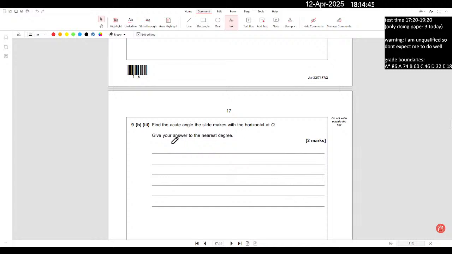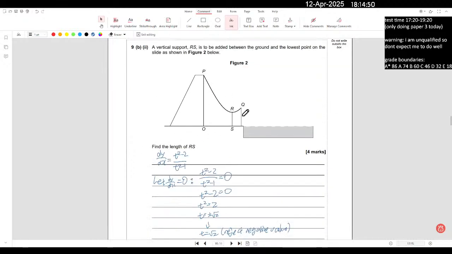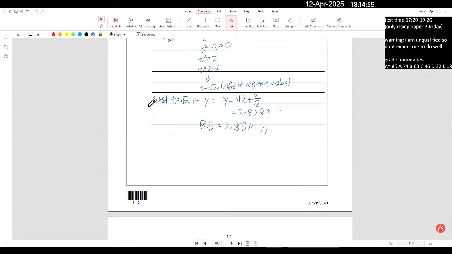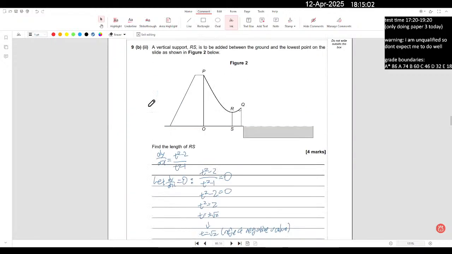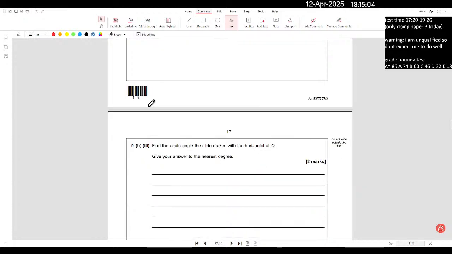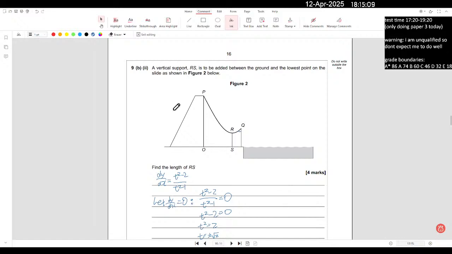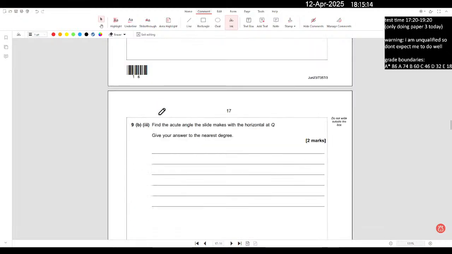Find the acute angle the slide makes with the horizontal at Q. Wait, it makes with the horizontal? Oh, with the horizontal, then it will be this. dy over dx when t equals 3.